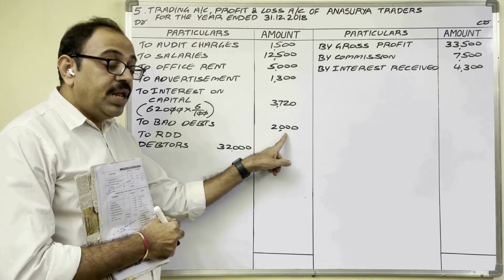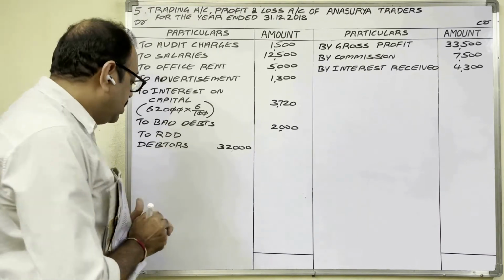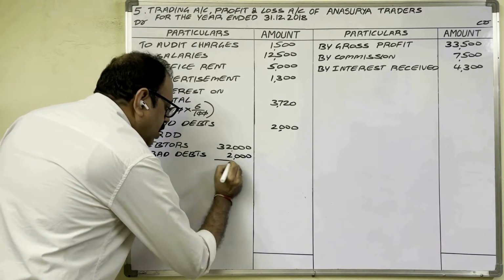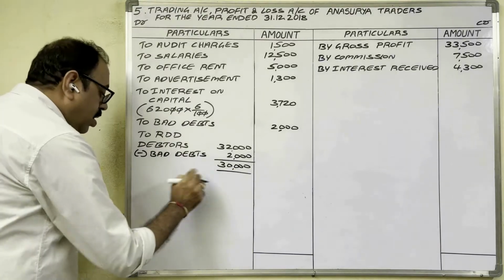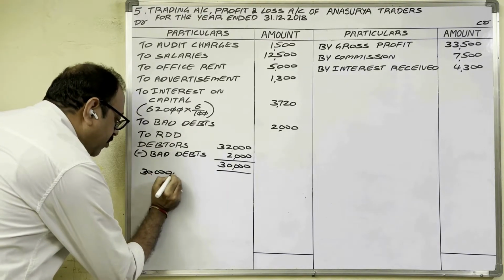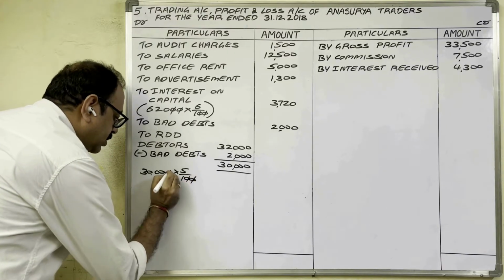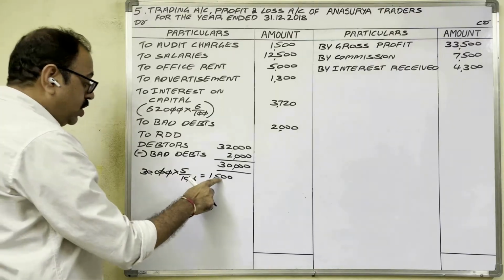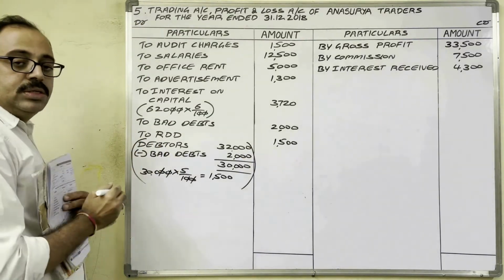Because 2,000 became bad debt. First you have to subtract that. Minus bad debts, 2,000 rupees. Now the remaining debtor amount is 30,000 rupees. On 30,000, provide 5% reserve for doubtful debt. Amount 1,500. Show this amount in the outer column. Put the calculation in brackets.